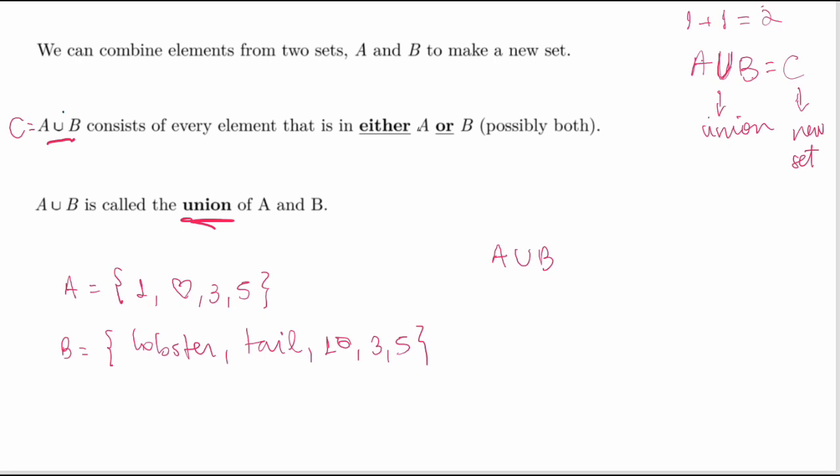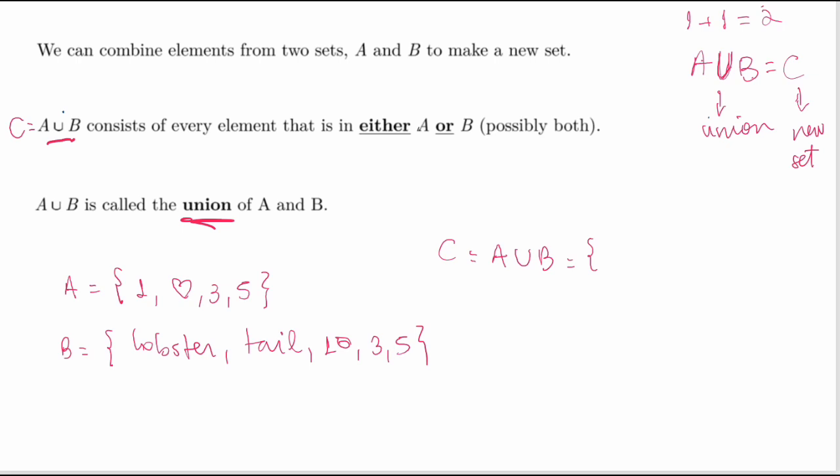I'm taking A, I'm doing something with B to result in a new set. And the way this operation works is take every element that is in A or B, possibly both, or elements that are possibly in both of them.